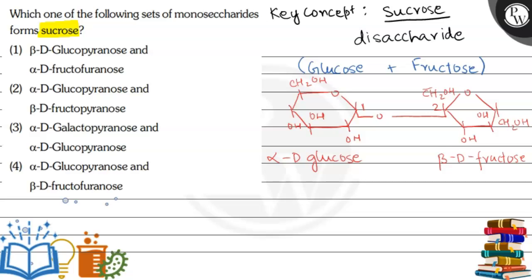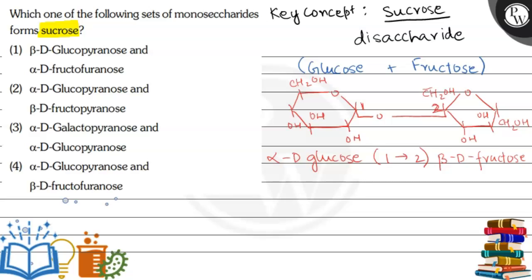Now, since a glycosidic bond is formed between the first carbon atom of glucose and second carbon atom of fructose, therefore, the formula for sucrose will be alpha D glucose 1,2-beta D fructose.